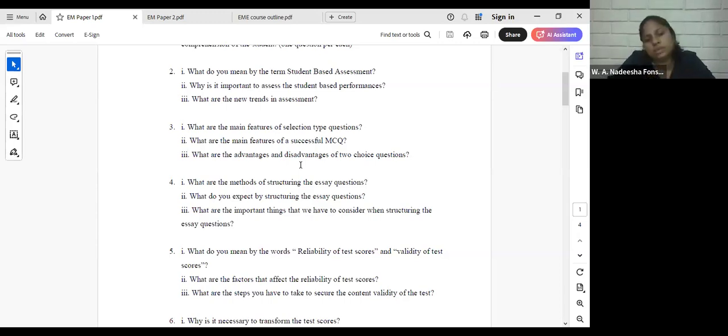So the fourth one: what are the methods of structuring the essay questions? Can you remember why we have to structure the essay questions? Why can't we give the whole essay questions? Why do we go to structuring it?